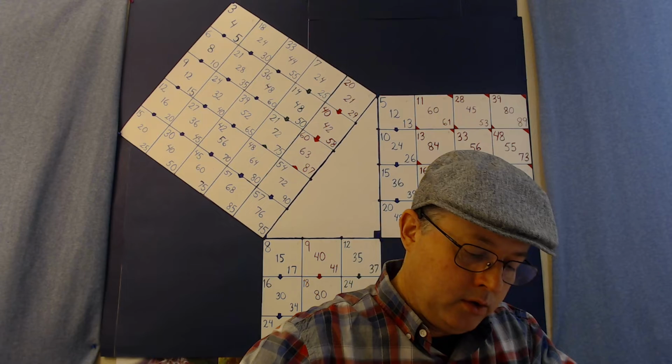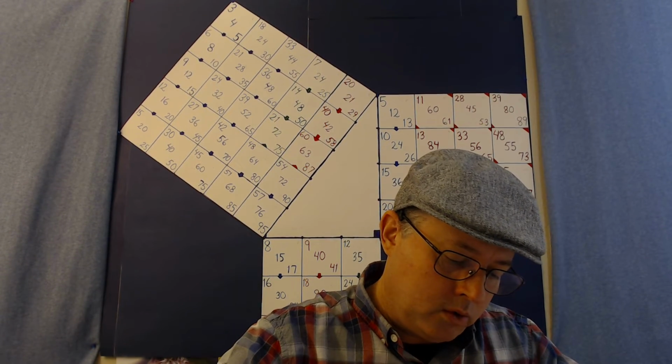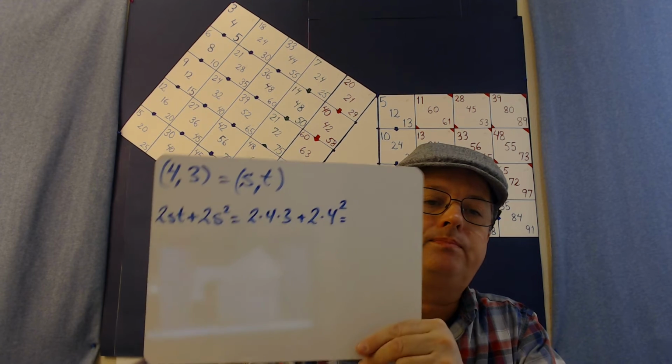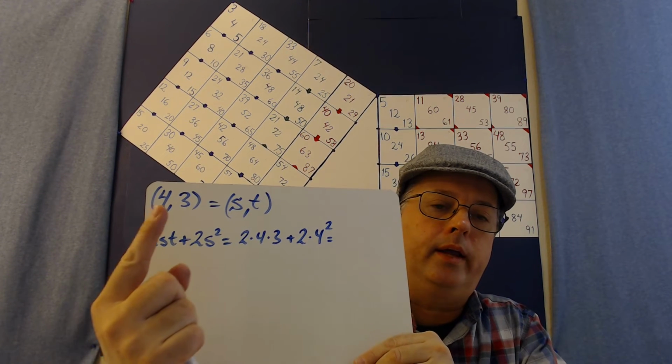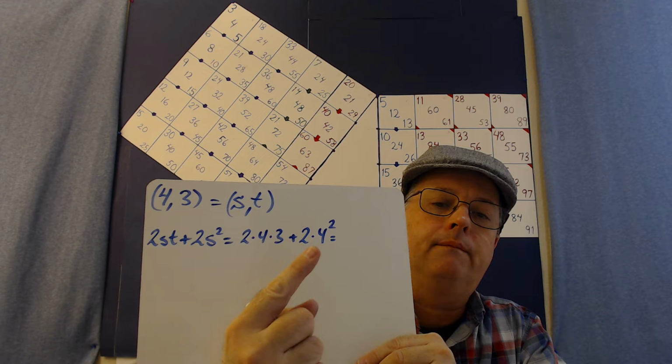Okay, so let's plug that in. We have 2st plus 2s squared. And so that's 2 times 4 times 3 plus 2 times 4 squared. So plugging in 4 and 3 for s and t.